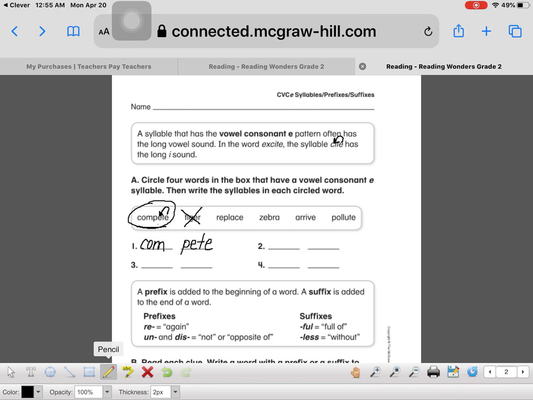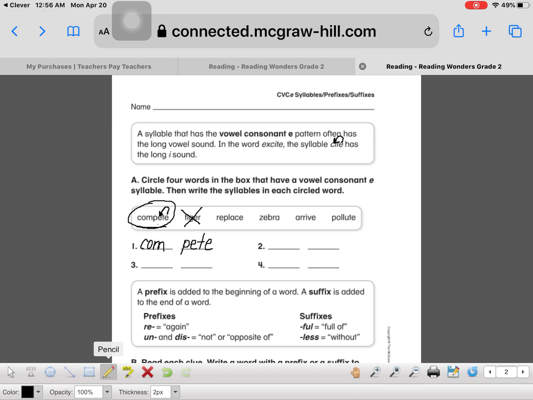All right, the next word, replace. Let's try to break it apart so we can hear all the sounds. Replace. What vowel did you hear in replace? Now remember, replace, re is a prefix, okay? Place is the root word. So place.